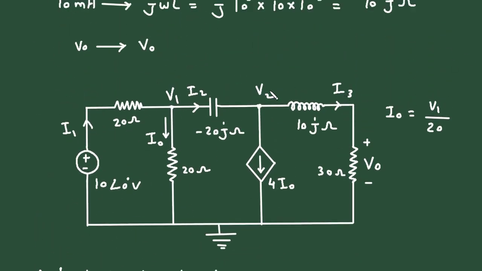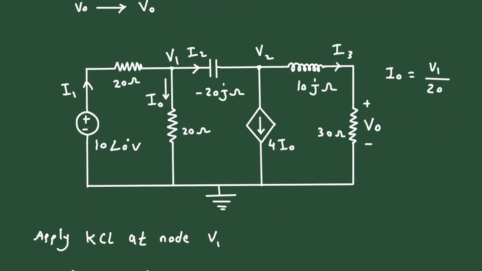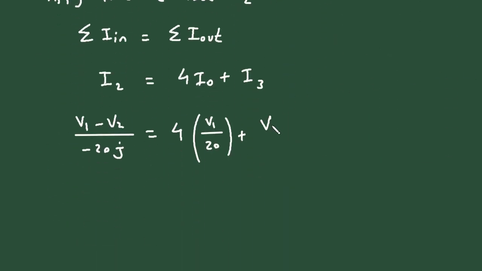So this I3 is V2 minus 0 divided by 30 plus 10J.